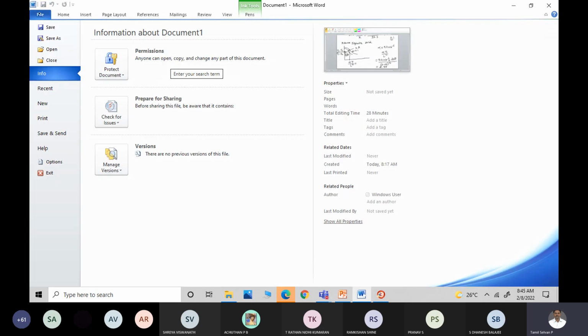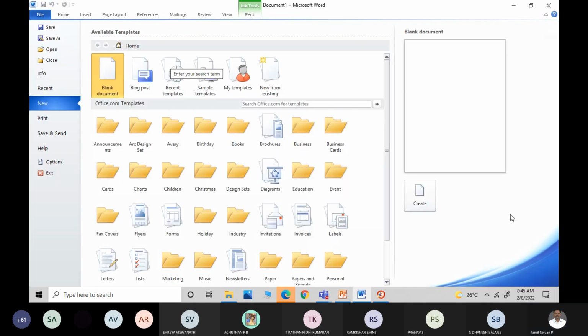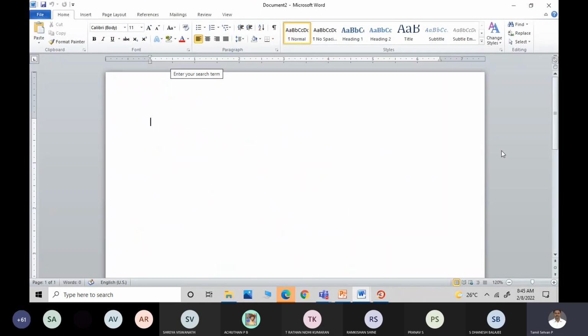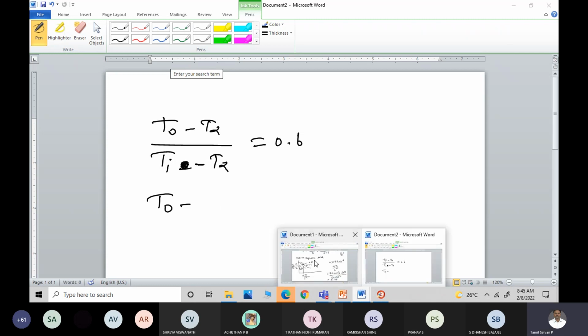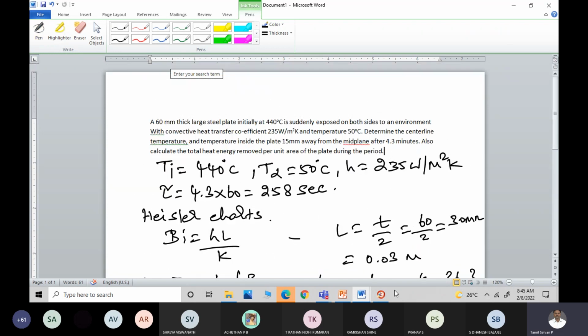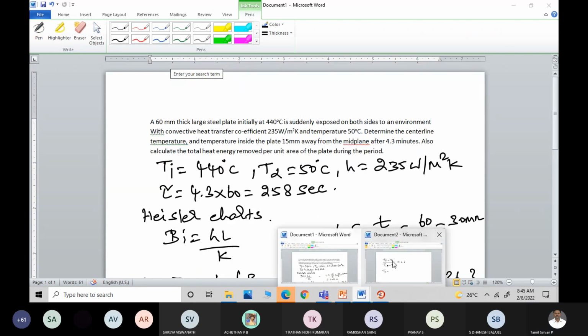Now you can find out the temperature. So now (T naught minus T infinity) by (Ti minus T infinity) is equal to 0.62, or some of your friends said 0.6. Now substituting the values: the initial temperature is 440 and the surrounding fluid temperature is 50 degrees.